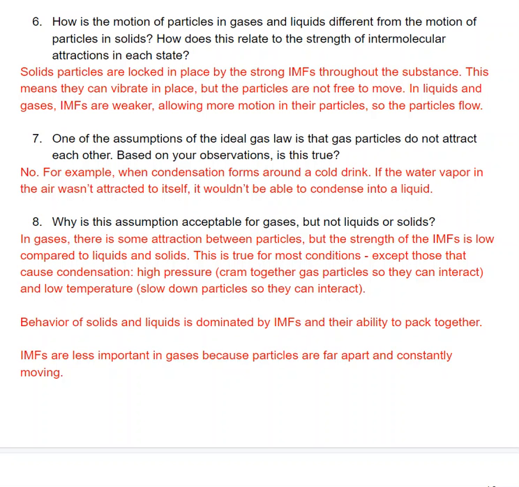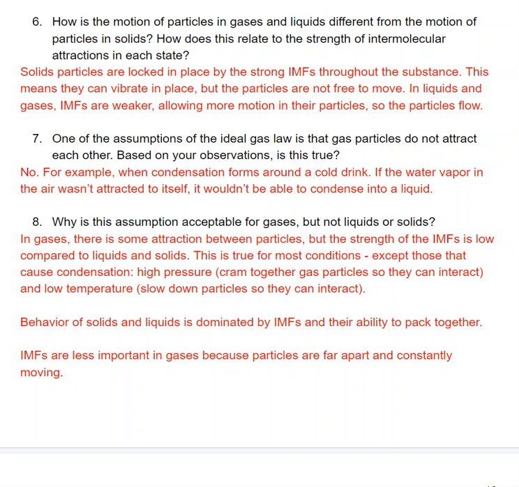So think about what condensation means. Those gas particles have to get close enough together to form these intermolecular attractions so that they can stick together as a liquid. So in gases, there is some attraction between particles, but the strength is much lower than it is compared to liquids or solids. So conditions that cause condensation are high pressure.